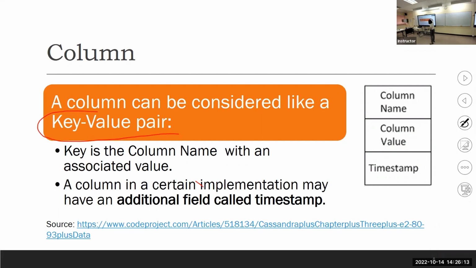A column name is considered as a key, and a column value is the value associated with that key, right? And it has an additional timestamp field for controlling updates to the column value, indicating when this value was last updated.